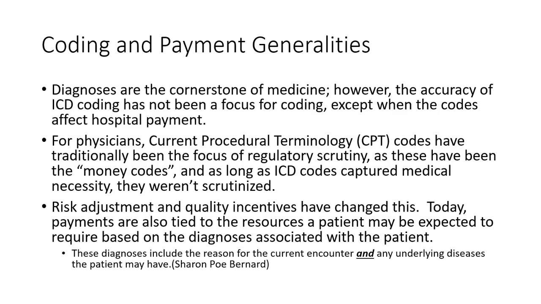Today, payments are also tied to the resources that a patient may be expected to require based on the diagnoses associated with the patient. These diagnoses include the reason for the current encounter and any underlying diseases the patient may have. Notice Sharon Poe Bernard stresses this.